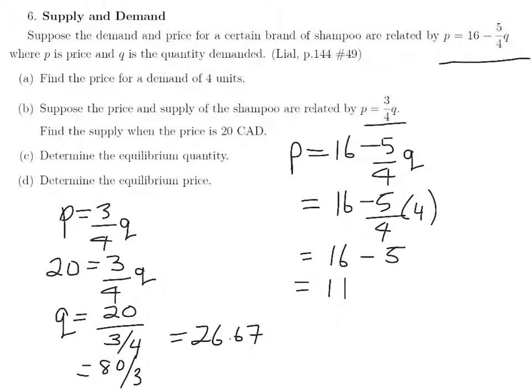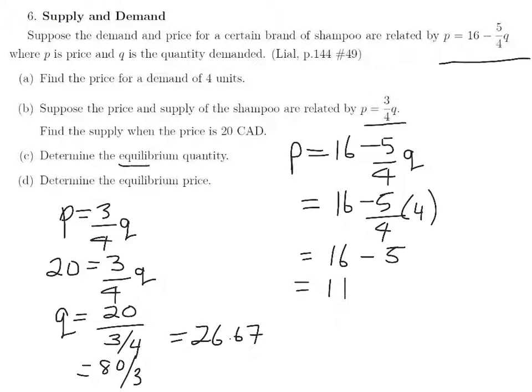You can't have 2/3 of an item, so you'd have to round that up to a whole item of 27. Part C and D look at determining the equilibrium quantity and the equilibrium price, and I'll look at that on the next page.